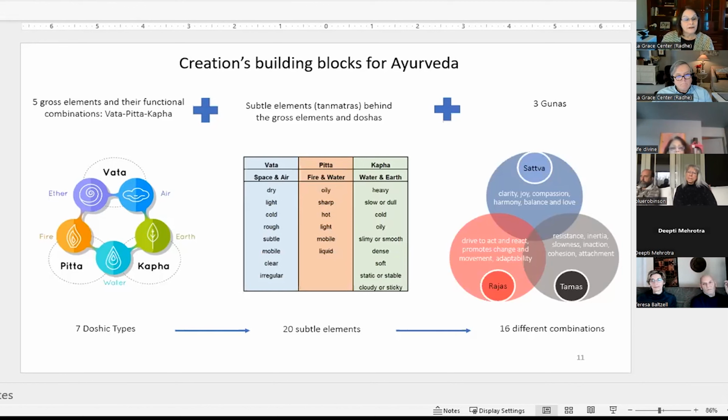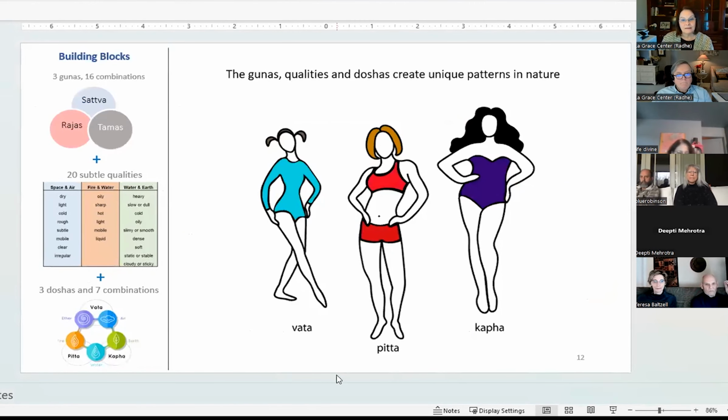So what Ayurveda does with all this is that, again, they come up with unique patterns in nature that they see that represent these different combinations of gunas, qualities, and doshas, right?